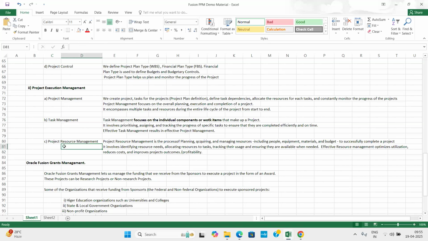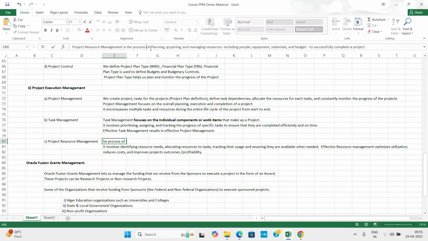Then you have project resource management. This project resource management is a process of planning, acquiring and managing the resources. This is the process of planning and acquiring the people for the project.